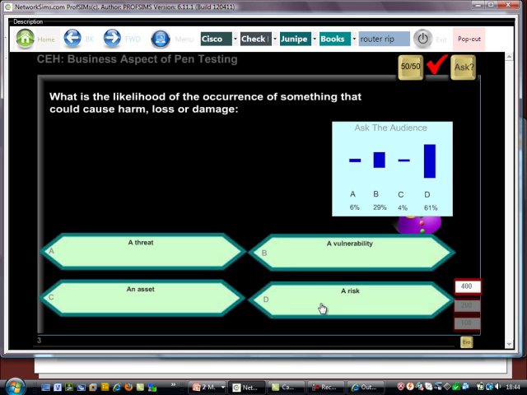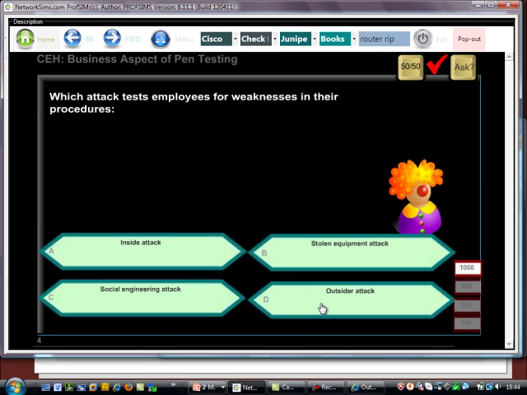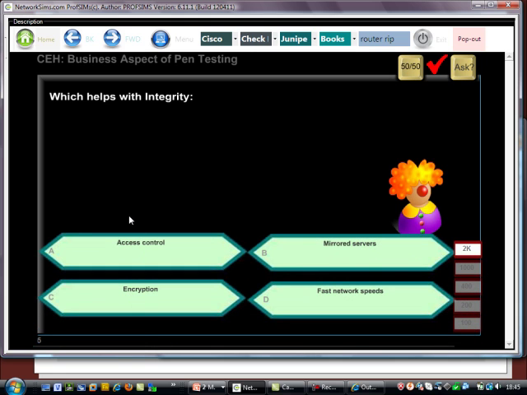It looks like the audience are telling us that that is a risk, and they were correct. Which attack tests employees for weaknesses in the procedures? That sounds like a social engineering attack. What helps with integrity? Let's take 50-50 here, and it looks like it's access control.